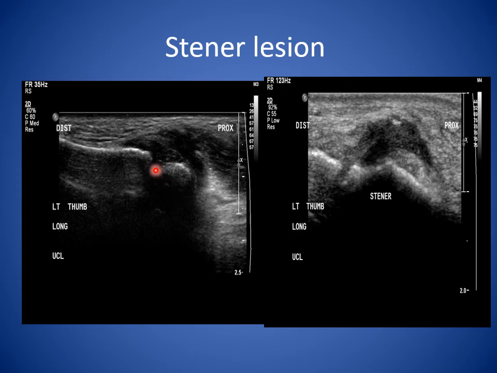We mentioned before that in cases of ulnar collateral ligament injury, if the torn fibers are retracted beneath the adductor aponeurosis, this is known as a Stener lesion, and this injury is corrected surgically. So it's very important to assess whether there are any abnormal fibers moving away from the site of the injury.